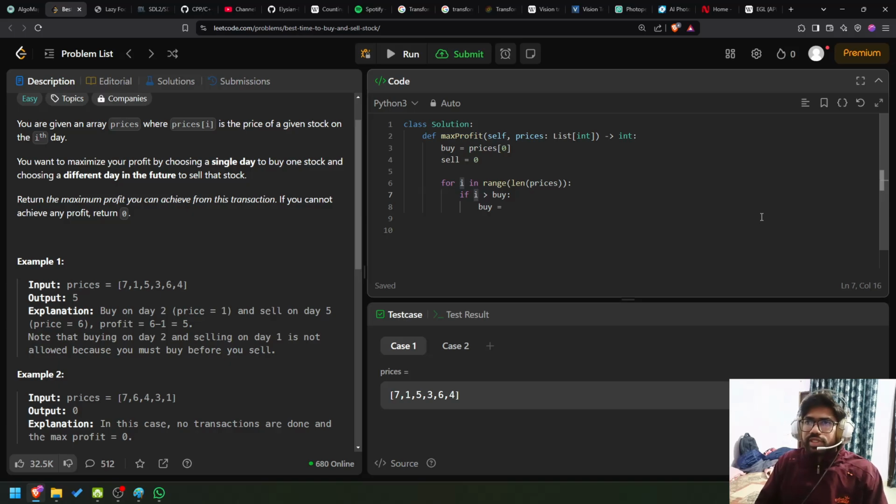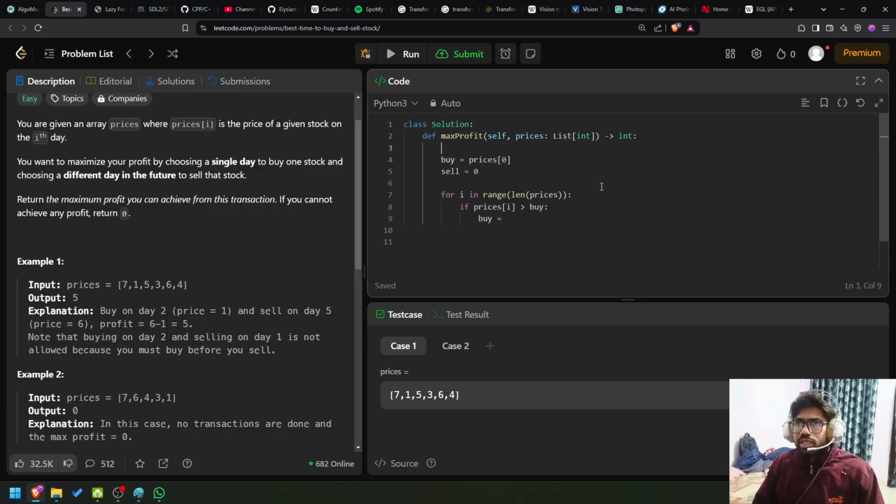So we'll have min equals prices of 0, and buy equals 0, where buy is the index. Then if prices of i is less than min, sorry, is less than min.